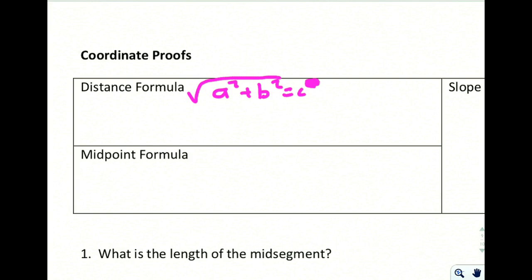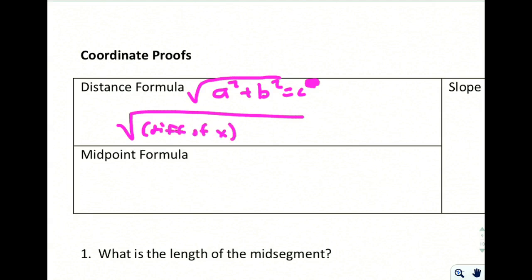What we're really talking about here is the square root of your change in x, so the difference of x's, squared, plus the difference of y's squared. So you take your y's and subtract them, and that's going to be equal to your distance.